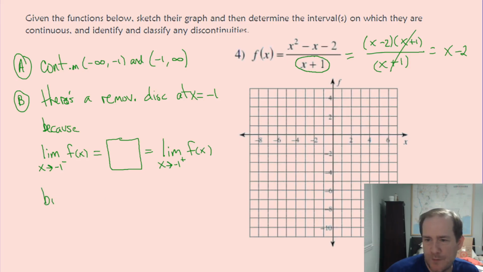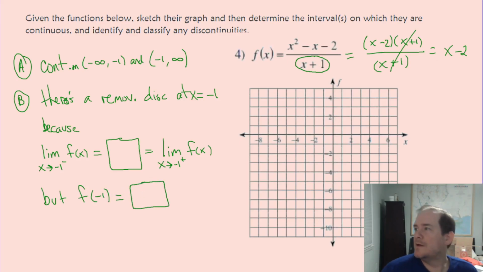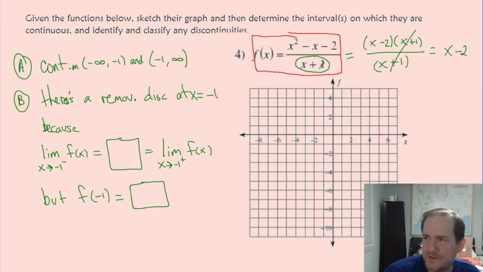And then we can show but f of -1 equals something different. So what's the something different? The something different's easy. If we evaluate the function at -1, you have to evaluate the original function, including the 0 in the denominator. So f of -1 is undefined.